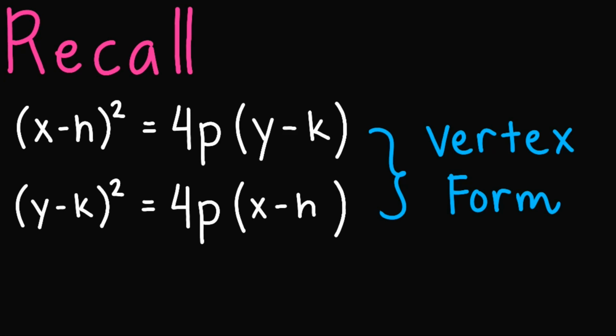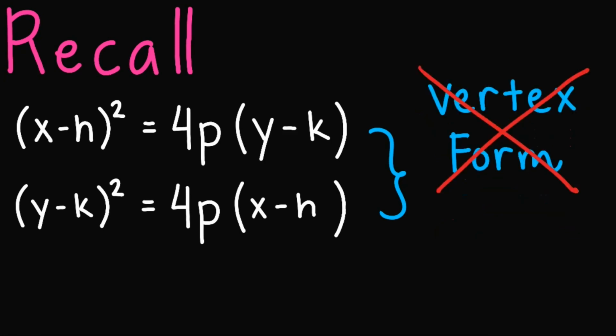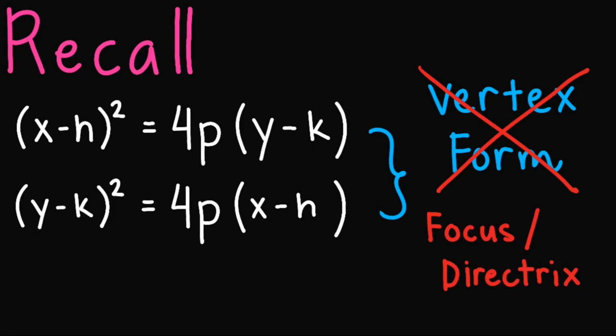I would like to apologize, since this is actually a mistake. This form is actually called the focus or directrix form of a parabola. So take note of that one, and sorry again for that mistake.